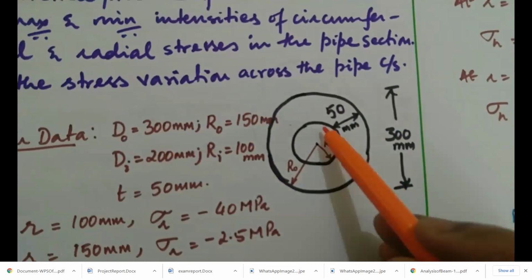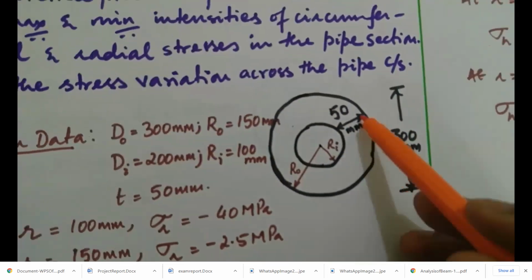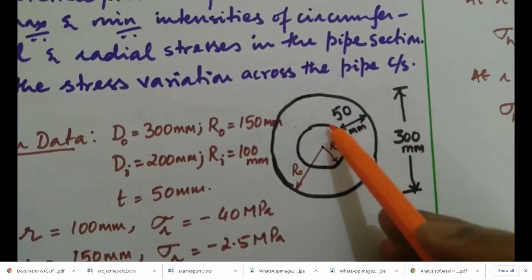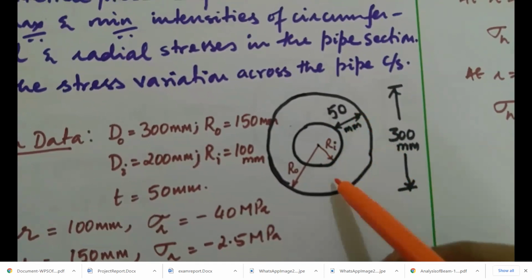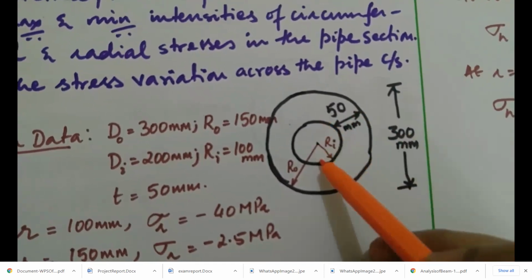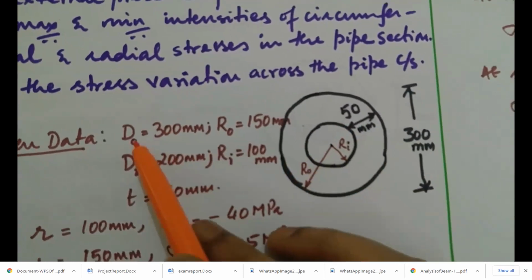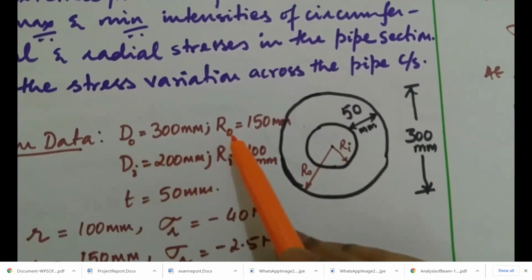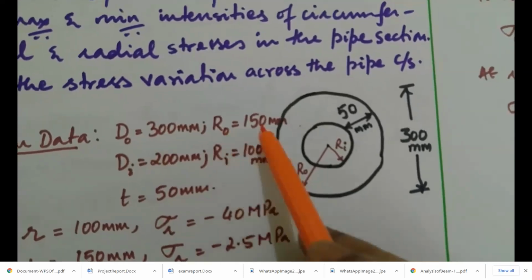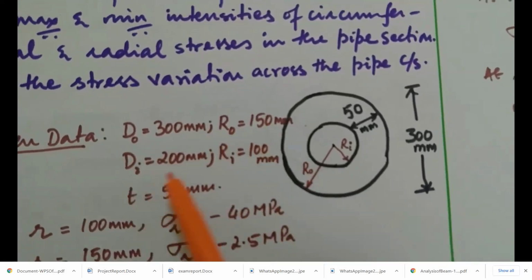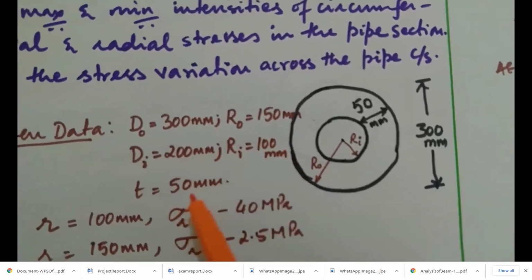So here is the diagram. What we have been given is the outer diameter of 300, thickness is 50 mm. Therefore, to find the inner diameter, subtract 2 times 50 from 300, so inner diameter is 200 millimeters. For outer diameter 300, the radius to the outer circumference is 150 mm, inner diameter is 200, inner radius is 100 mm, thickness is 50 millimeters.